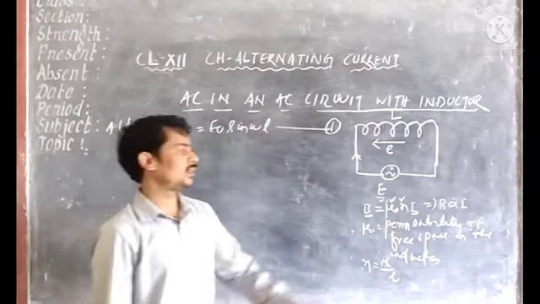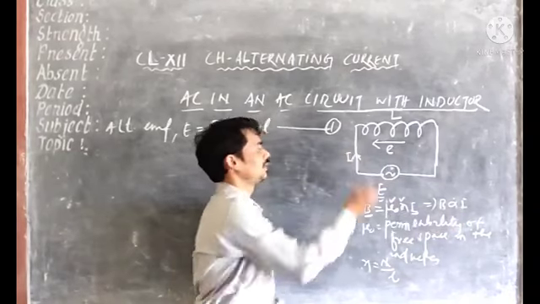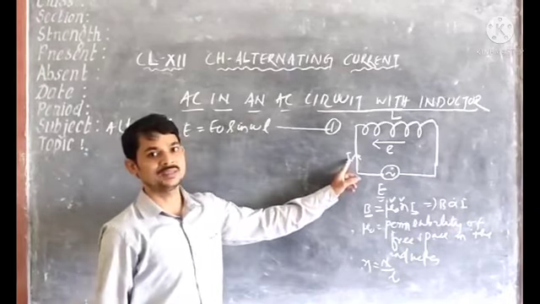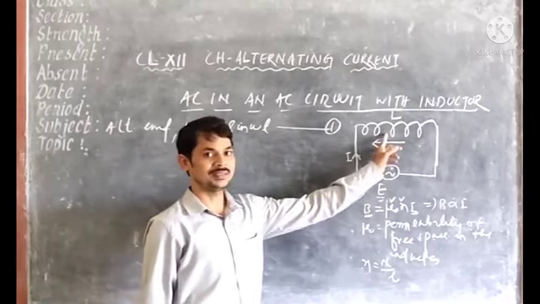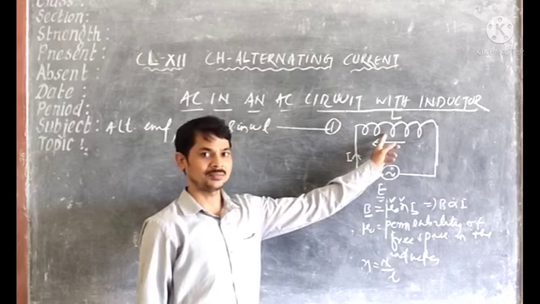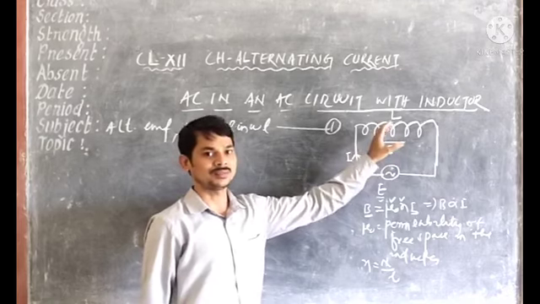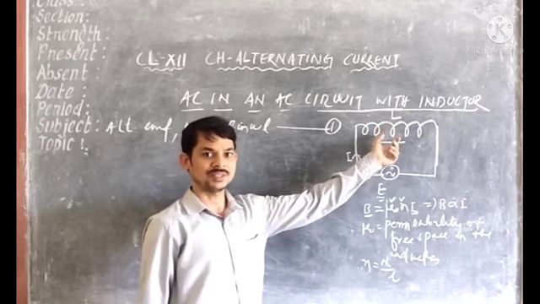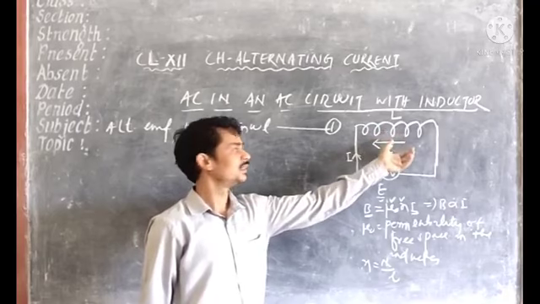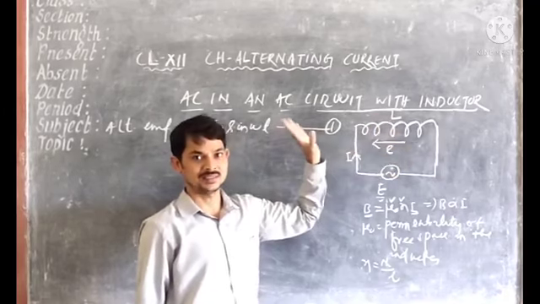It means when the current in the circuit changes, then the magnetic field linked with the inductor will change. And according to Lenz's law, whenever there is a change of magnetic field linked with the circuit, some EMF is developed which tries to oppose the change which produces it.